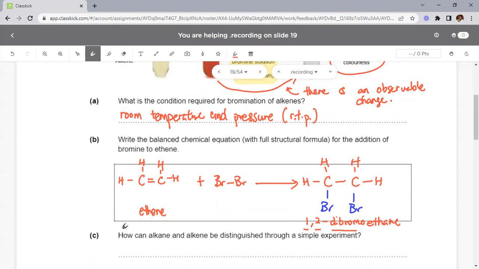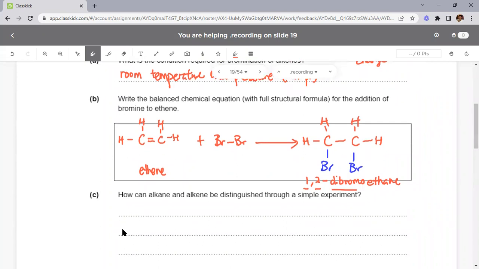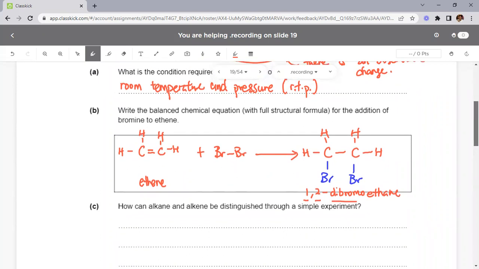So the two bromine are attached to different carbons. Take note of that. This ethene has been converted to 1,2-dibromoethane.